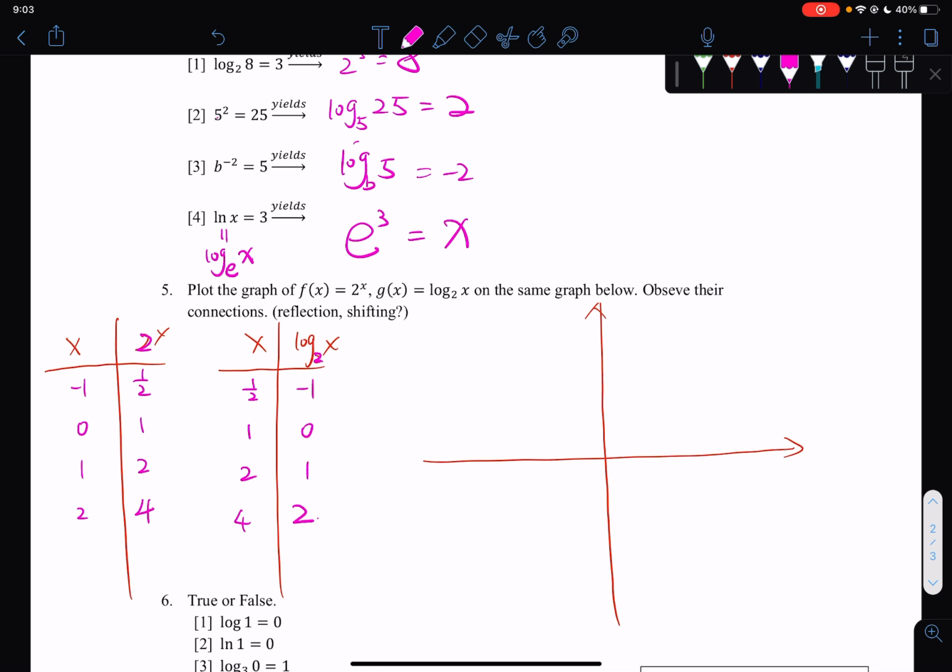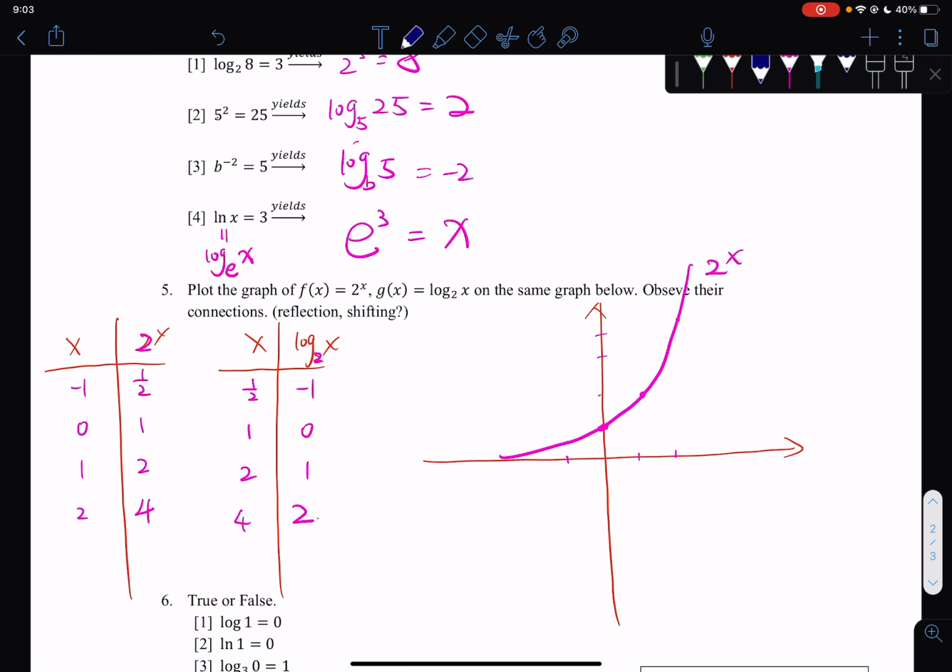So what you have on your graph is going to be, for the first function, negative 1, 1/2. So negative 1, 1/2 is here, 0, 1 is there, 1, 2 is up here, and then you have 2, 4 up there. So this is your graph of the function 2 to the x.